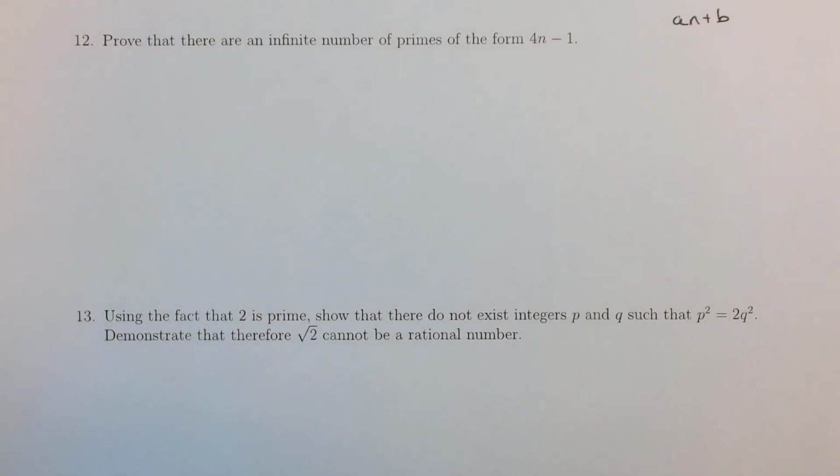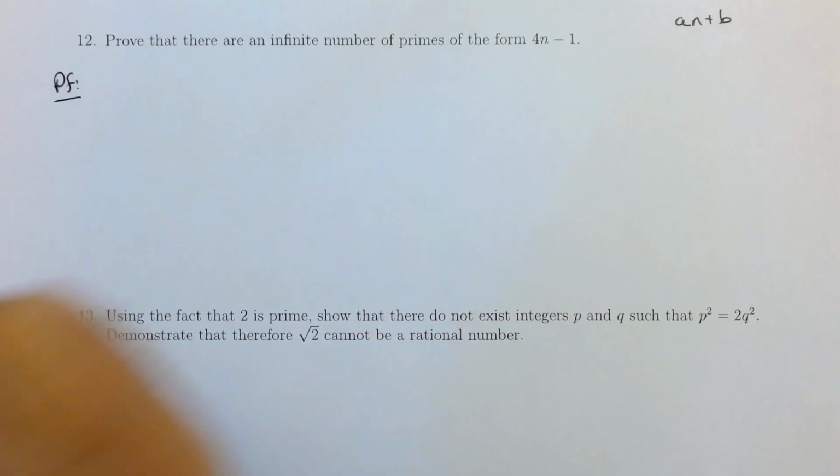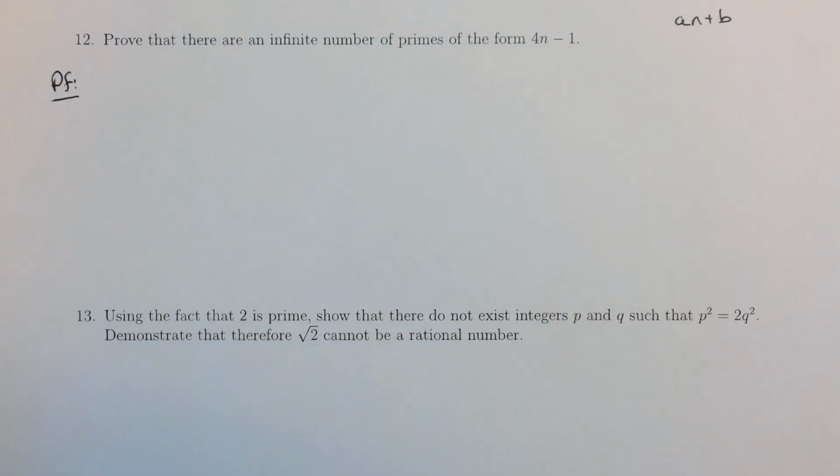If you do remember the proof for the infinite number of primes, which I believe is one of the homework problems, in Euclid's proof, it's by contradiction, because primes are hard to generate, so it would be difficult to demonstrate an infinite number of primes.